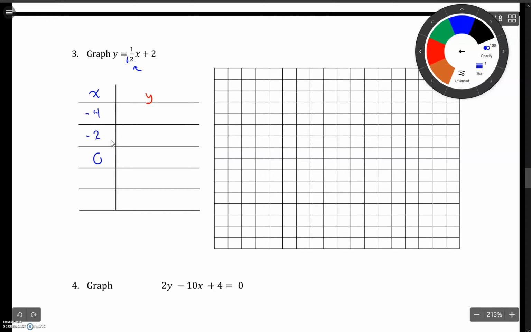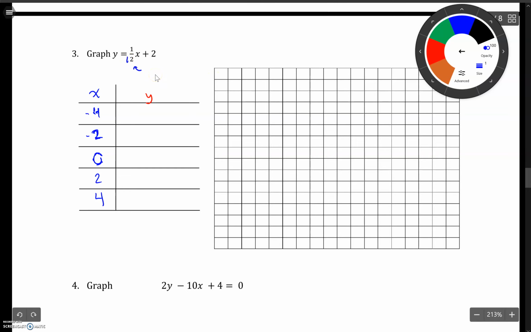So instead of having -2, -1, 0, 1, and 2, I'm going to choose -4, -2, 0, 2, and 4. Now that I've chosen those x values based on multiples of the denominator in the fraction, I can calculate my y values. They're going to come out to whole numbers, and that'll just be easier for us to graph.